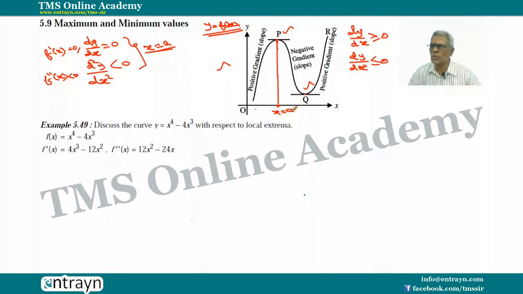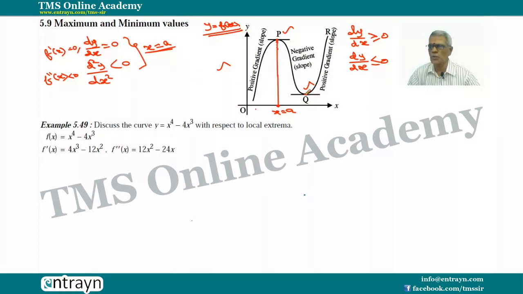Clear, my dear students? So at x is equal to a, the function reaches a maximum, and the condition for local maximum is dy by dx is 0 and d square y by dx square is less than 0.